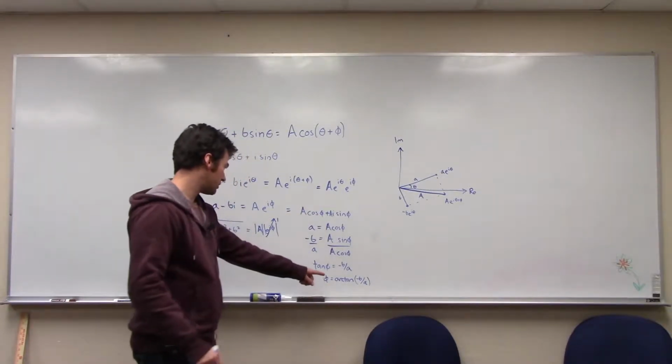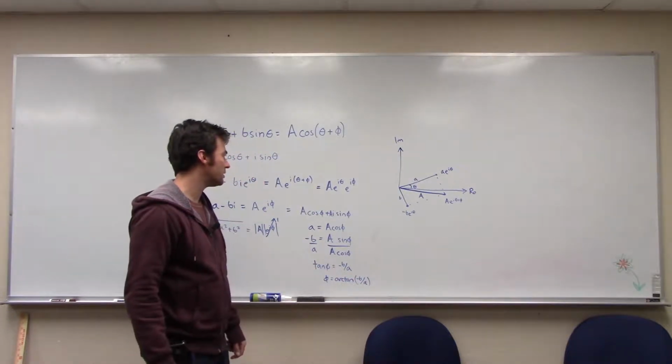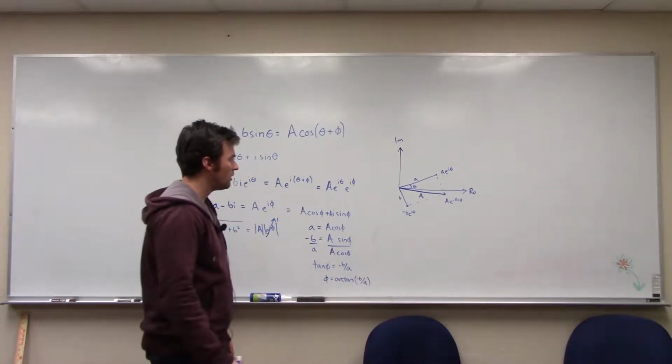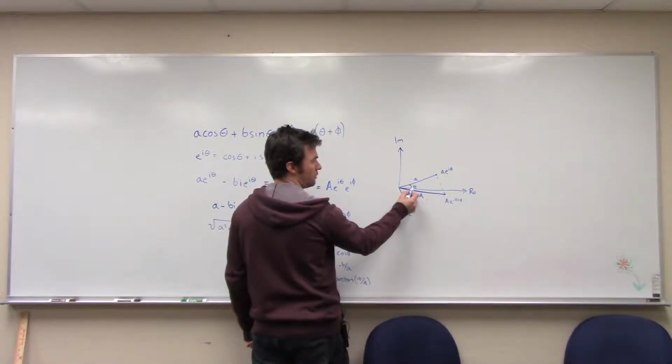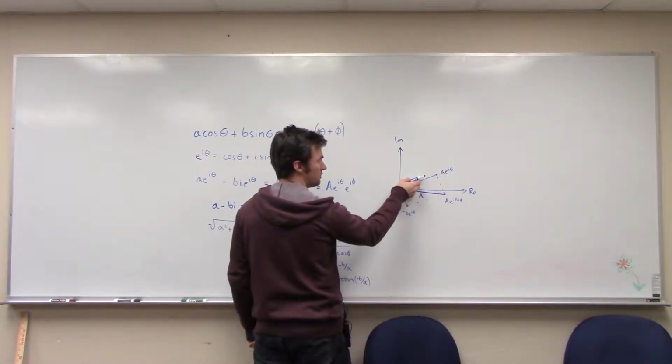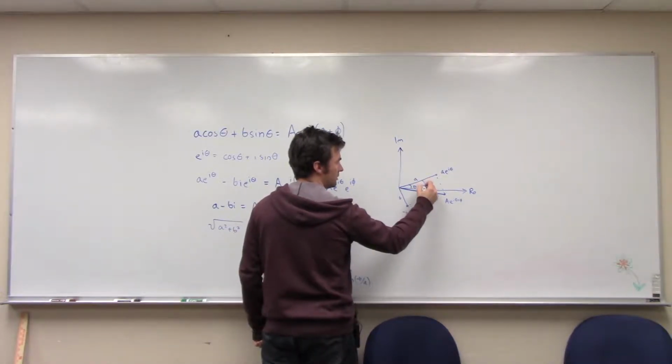that, let's see, let's interpret this. Arctangent of negative B over A, phi. Well, a positive phi, so if we go theta over, okay, plus phi is a rotation like that. So this angle here is minus phi.